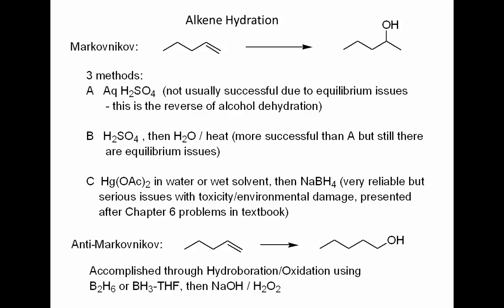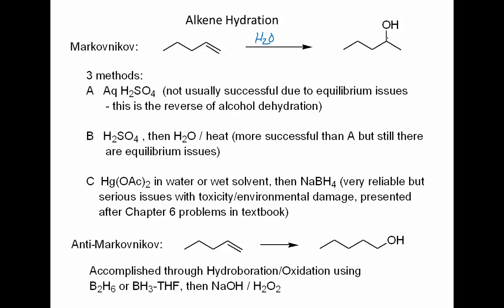Okay. The next reaction, and the last one we're going to look at in this video, it's actually several reactions we're going to look at, but they're all classified as alkene hydration. Okay, we can do Markovnikov orientation, where we add water across the alkene group.